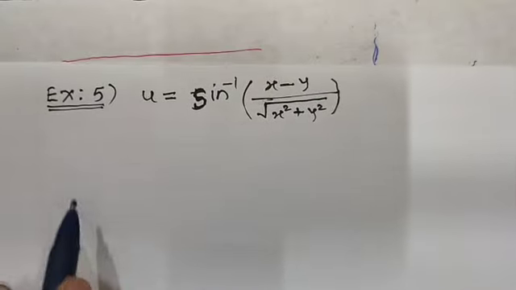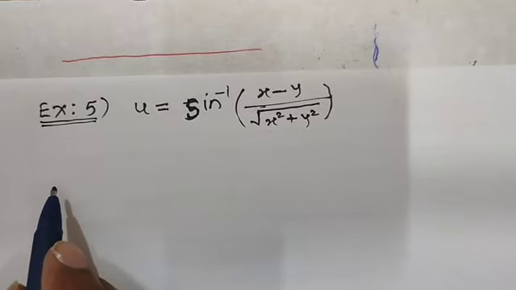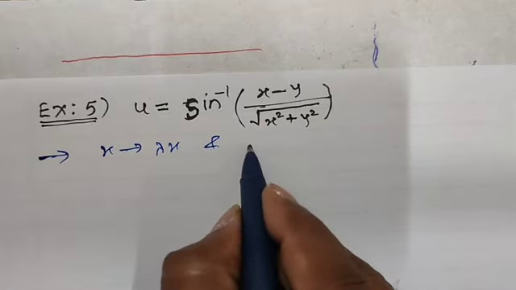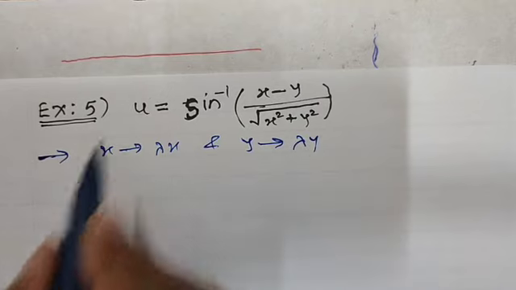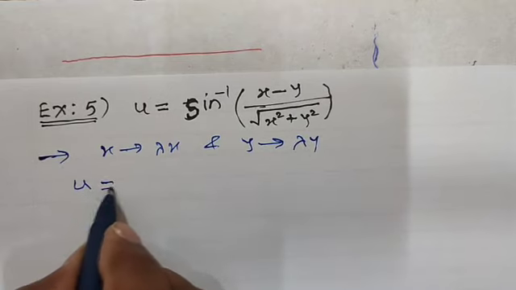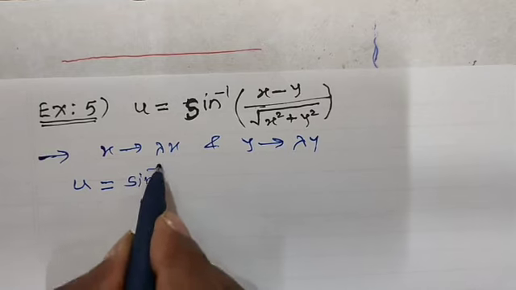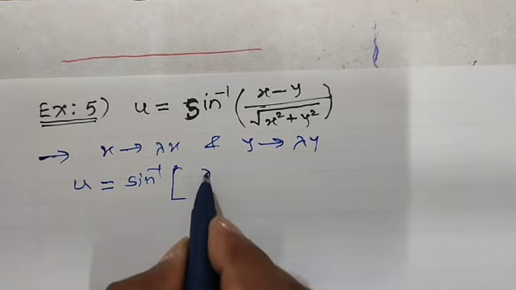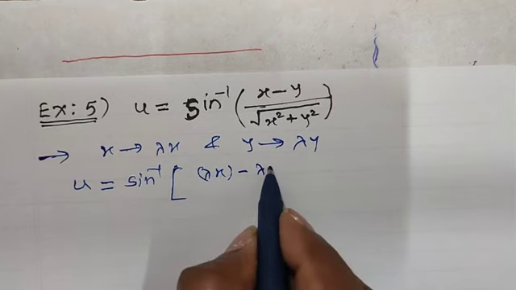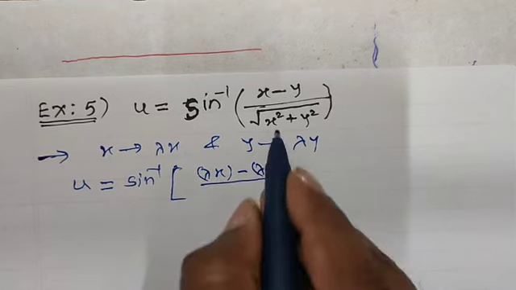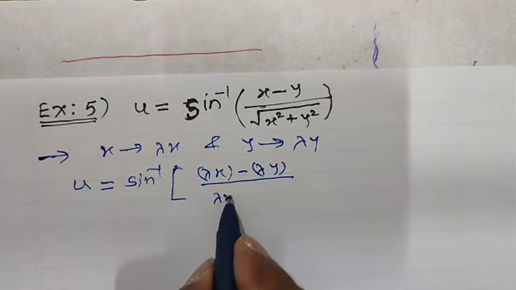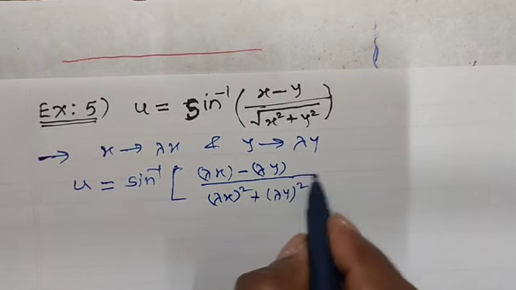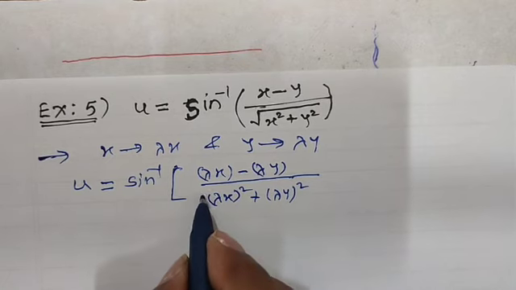So, replacing x by lambda x and y by lambda y, this u can be written as u is equal to sine inverse of lambda x minus lambda y divided by lambda x square plus lambda y square to the power half, that is square root.